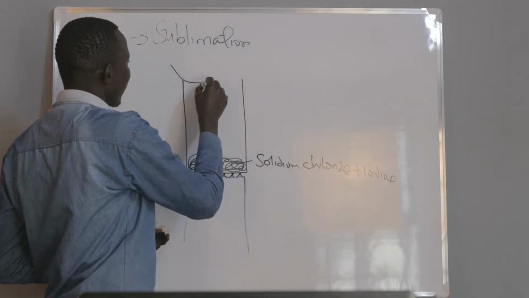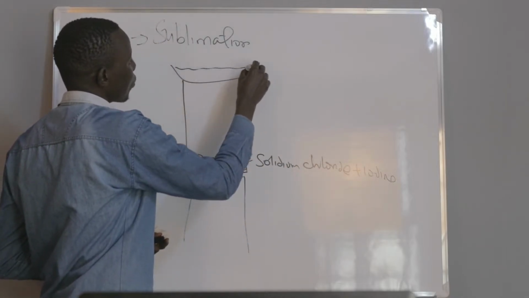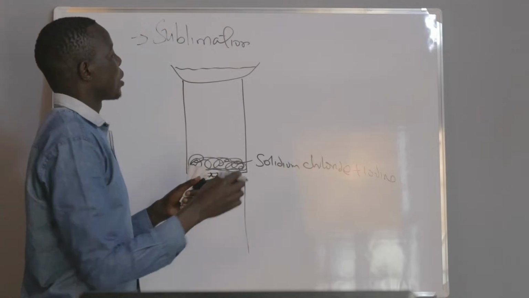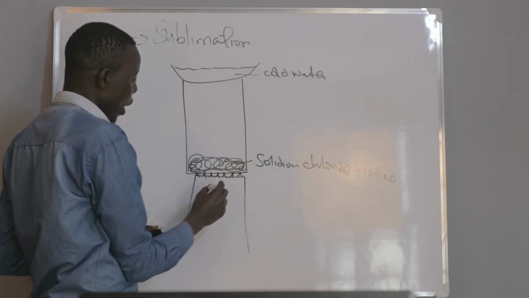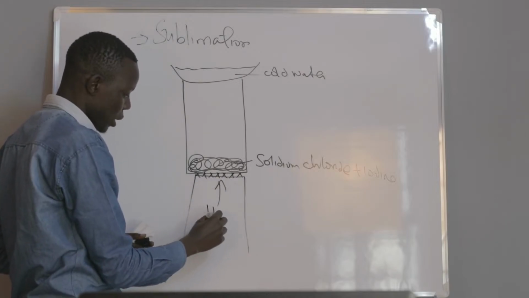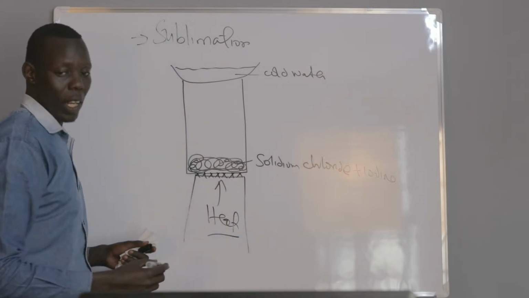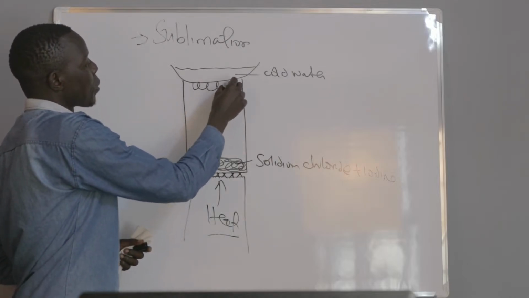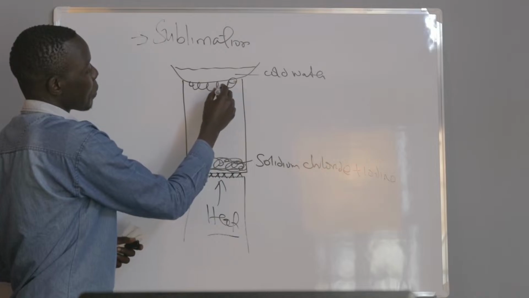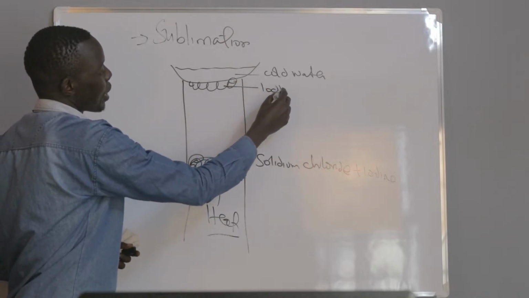Then up at the top you have ice cold water, or simply cold water. So when you heat at this particular point, iodine which undergoes sublimation will sublime and get deposited. So the general name, substance X, this should be iodine.